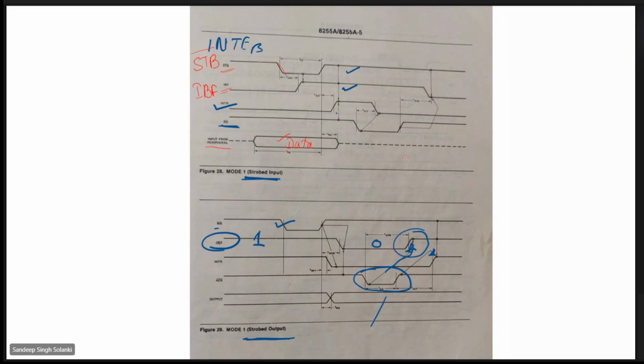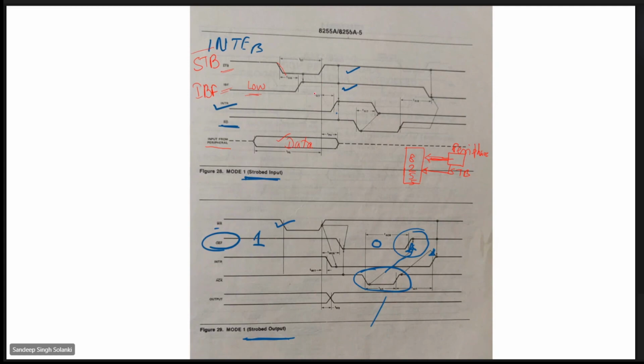If I look at the diagram, this is the peripheral, and this is your peripheral interface 8255. So the data is going along with the strobe. The strobe and data both go there only when they find that IBF is low. You can see here, this is low.